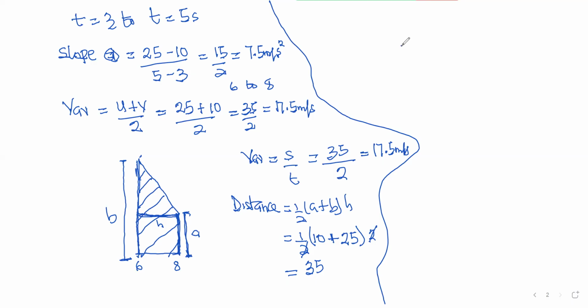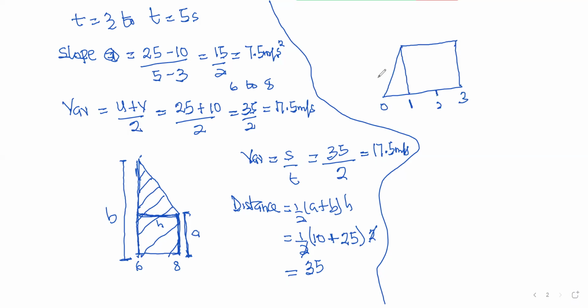the shape is also the shape of a trapezium. The shape is like this. This is 1, this is 0, then it ends at 3, 2 is here.